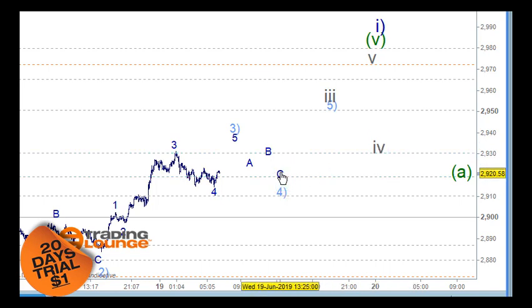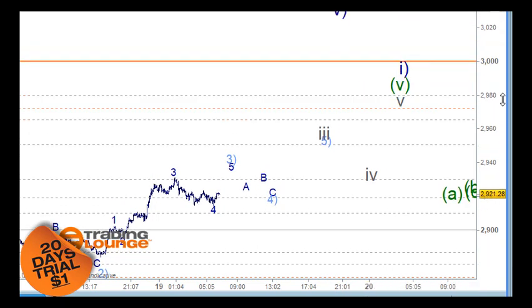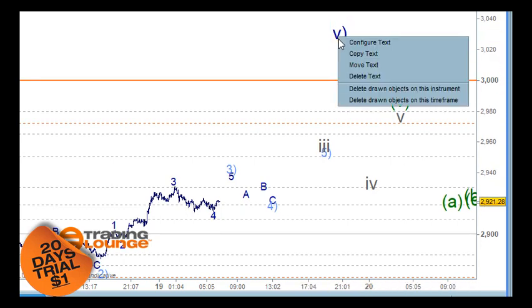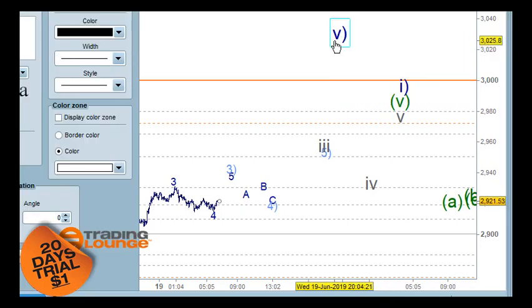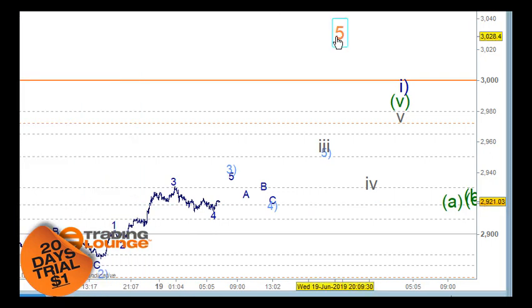If this one sits further up, then this one's going to sit further up as well, and then wave 5 somewhere up into this area here. This wave 1 that we're talking about here can also be that wave 5 of minor degree structure. So we need to put that there. We need to be mindful of that.